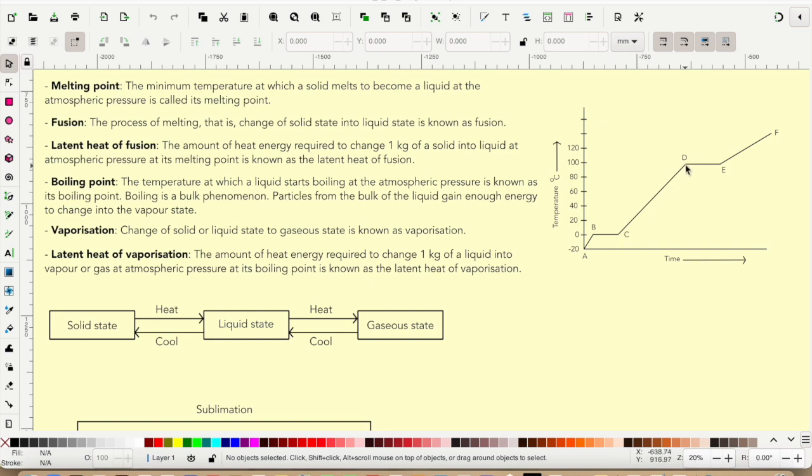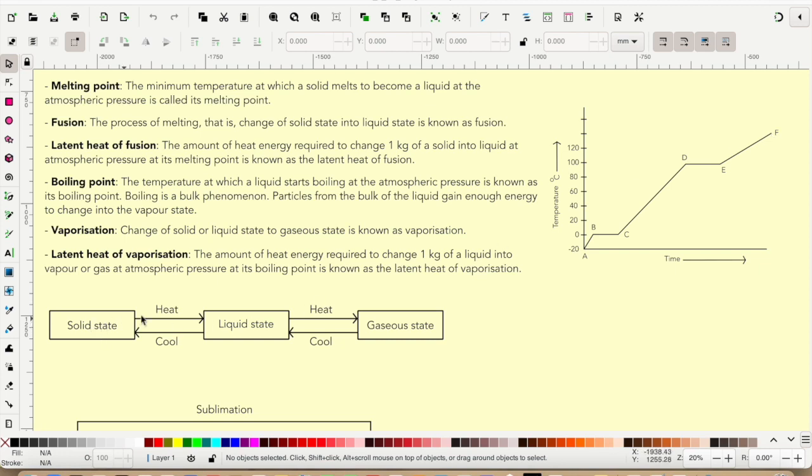From point C to point D, temperature increases to 100 degrees centigrade, which is boiling point of water. From point D to point E, water changes to water vapor and temperature remains constant at 100 degrees centigrade. From point E to point F, temperature of water vapor increases.